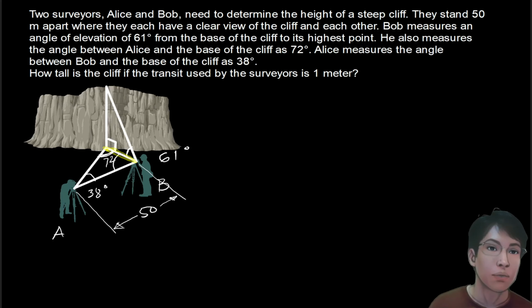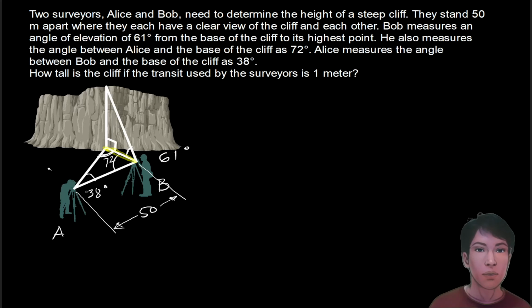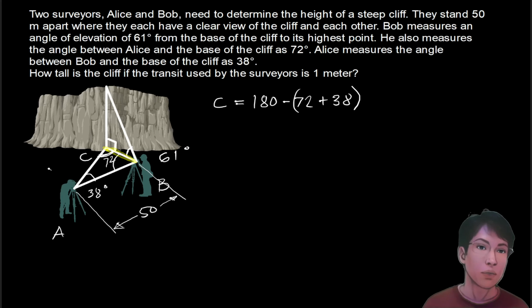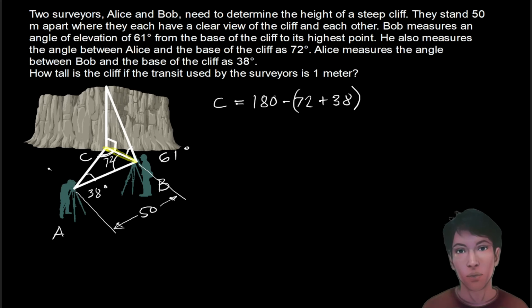Let me designate that as angle C. So angle C is 180 minus 72 plus 38. The sum of the angles in a triangle is always 180. So angle C is 70.